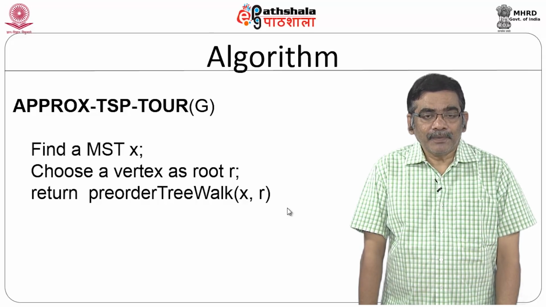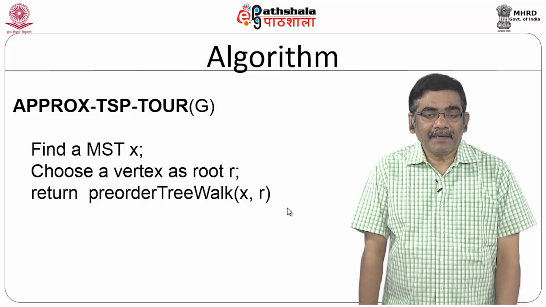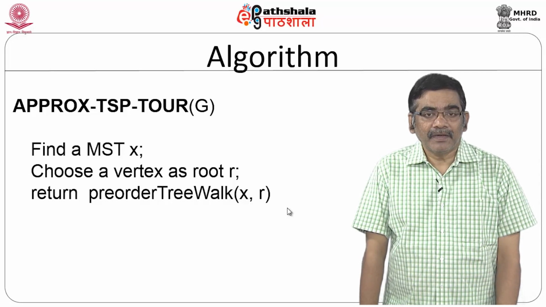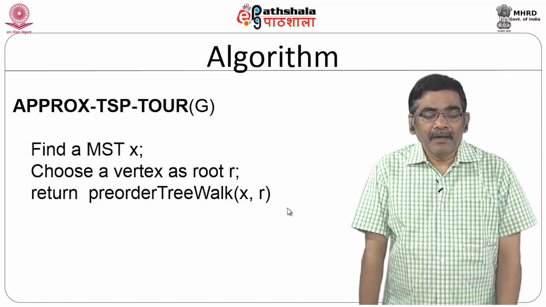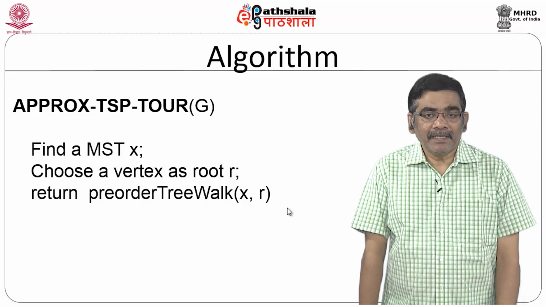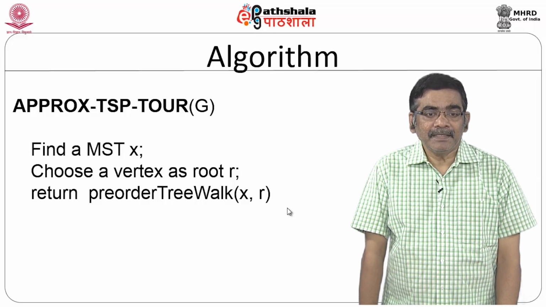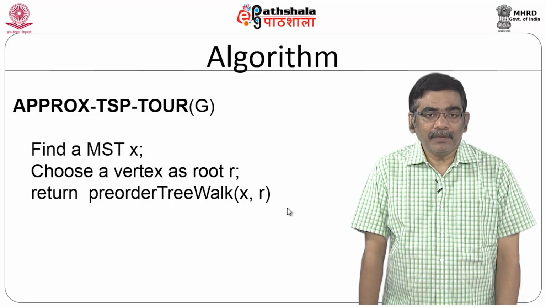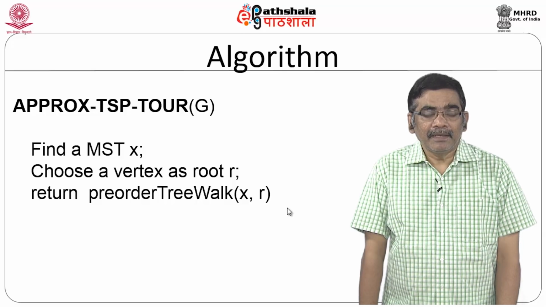What is the algorithm for this? We are going to find the minimum spanning tree for the given graph G. You know very well MST is nothing but all the vertices will be maintained, but not all the edges will be present. We will choose one node as the root R, then we will visit all the vertices only once.